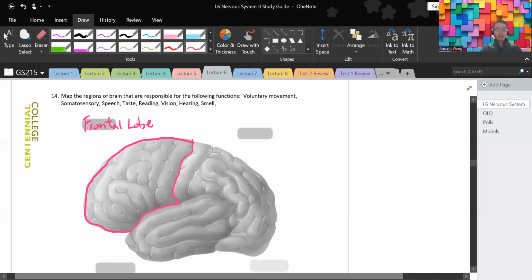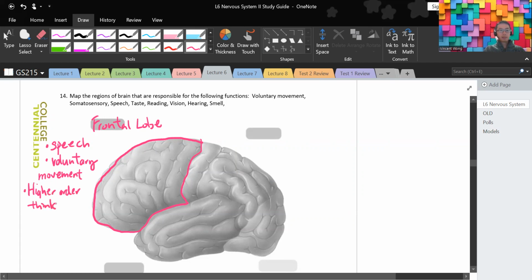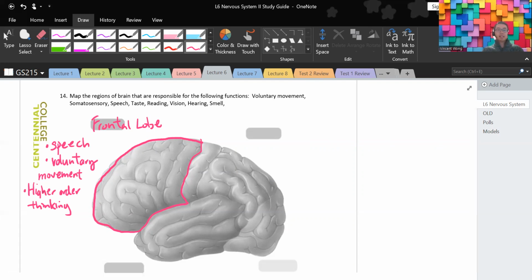A lot of things going on in the frontal lobe, particularly all the complicated things that we do happen in the frontal lobe, such as speech, voluntary movement, higher order thinking, like doing math, doing reasoning, being able to understand abstract concepts, the concept of action and consequences.